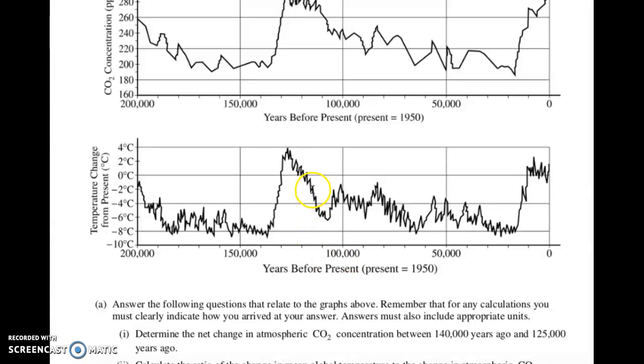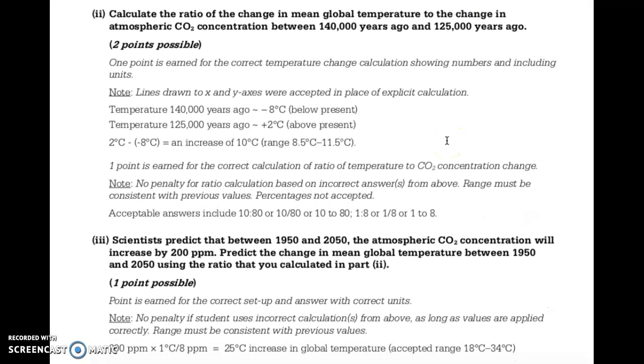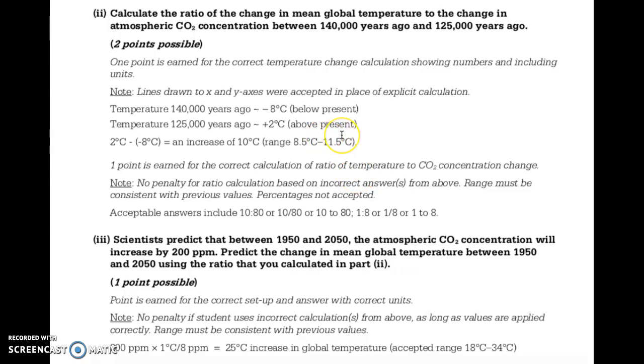So somewhere around -2 to +2. So for 125,000 years ago, we'll take anywhere from -2 to +4.